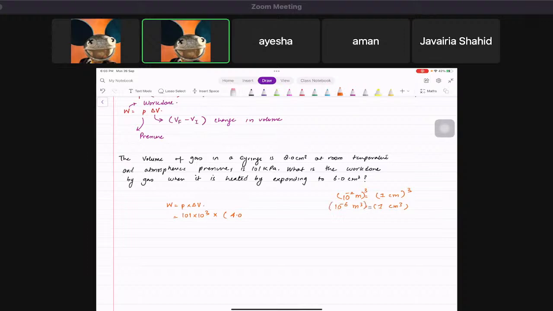I'm going to replace this with this. That's how I go from centimeter to meter. And then I will get 0.404 joules, which is just 404 millijoules.